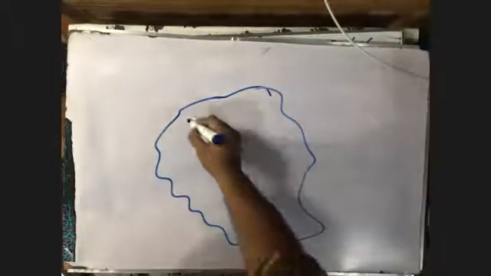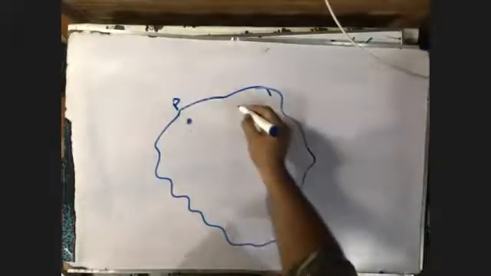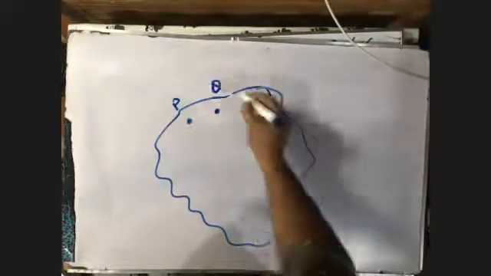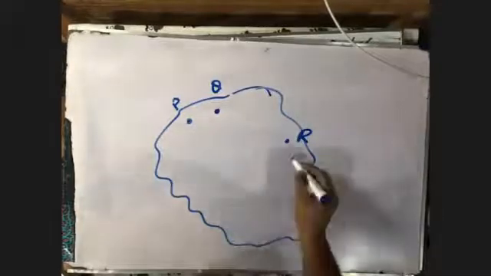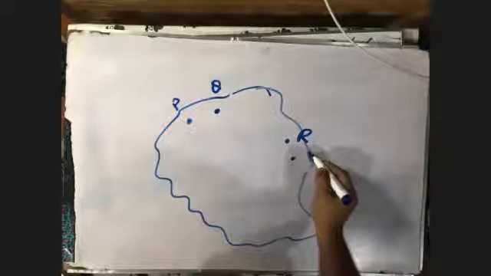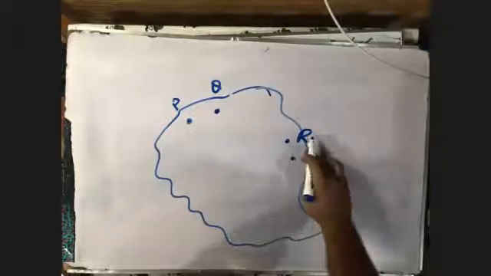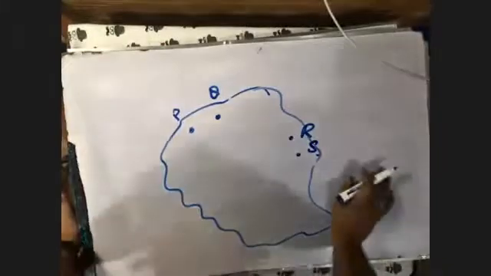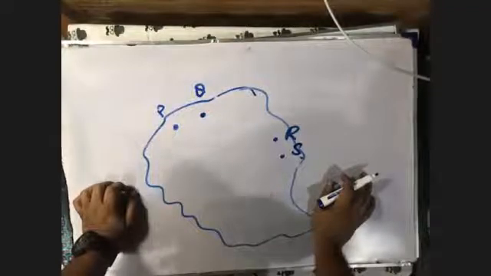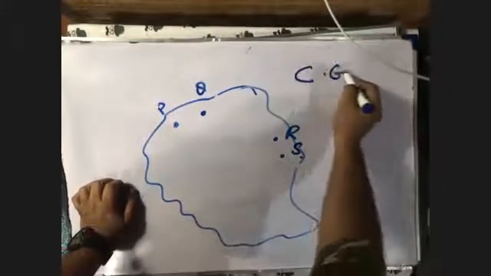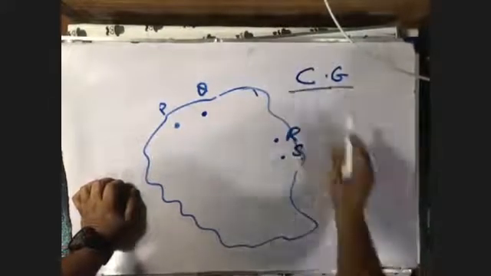I have position P, position Q, position R, and position S. Which 2 positions would you choose to find the center of gravity of this lamina?